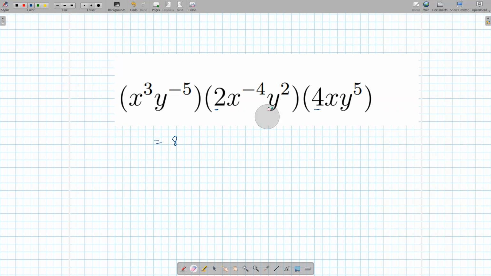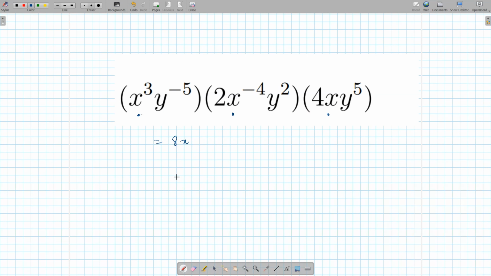Now look at x's. We have 3 x's. We have x3, we have x-4, and we have x, and we're multiplying all of them. How many do we have left if we simplify that? X to the power of 4.